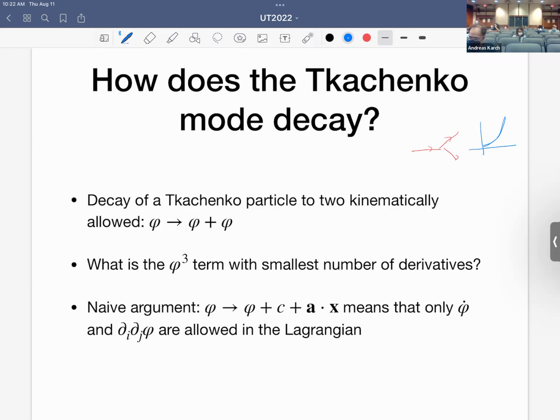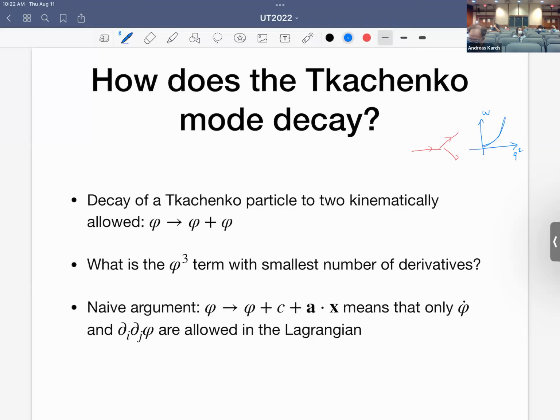And it is going upward because omega is equal to q squared. So such a decay, if it's not forbidden by any symmetry, must happen. The next question is, what is the term that involves phi cubed that has the smallest number of derivatives? That will determine the rate of decay.